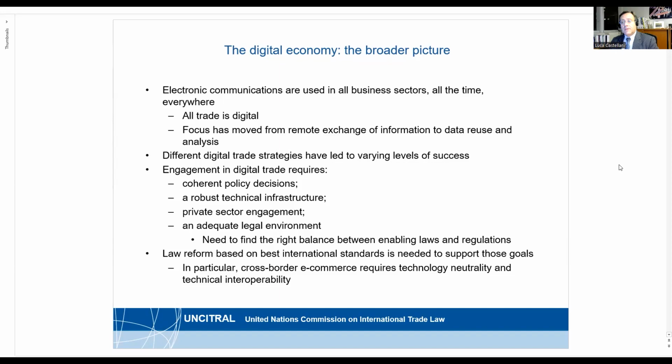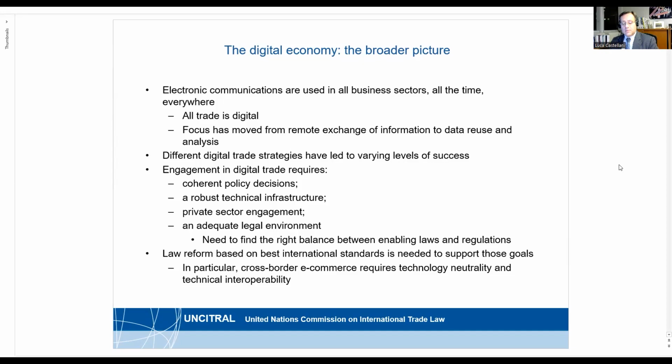We also see that many countries desire to engage and successfully develop digital trade strategies, but not all of them are equally successful. Experience shows that engagement in digital trade requires some coherent policy decisions, robust technical infrastructure that would actually support the demand for connectivity.